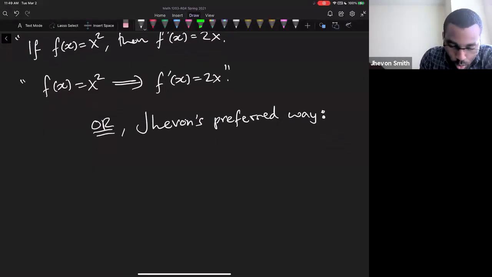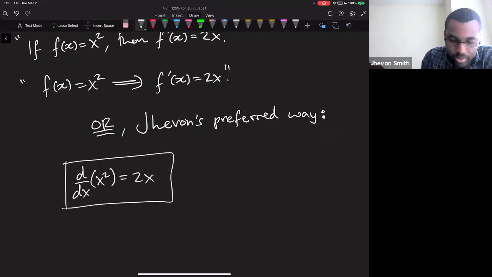So you can use, in one little phrase, d dx of x squared equals 2x. And that literally means the derivative of x squared with respect to x.